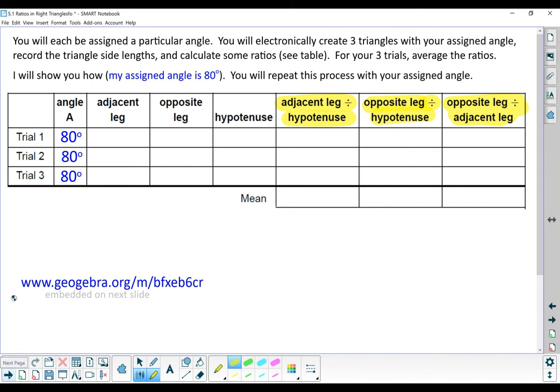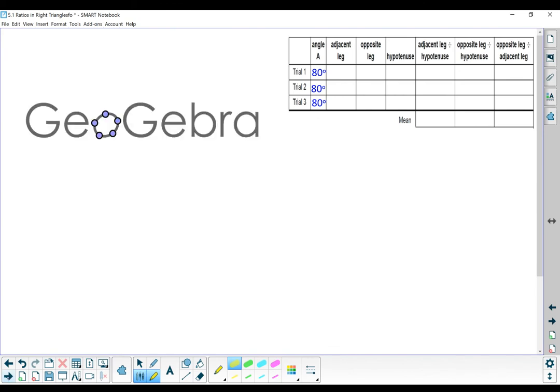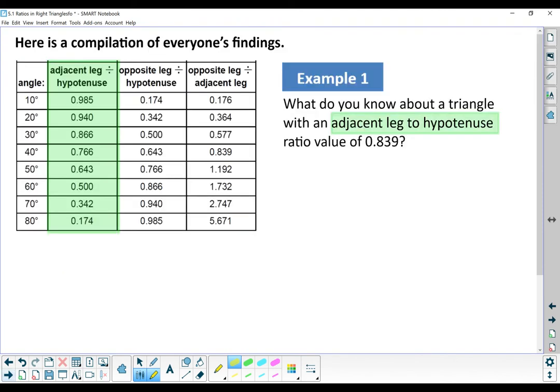So in class, we measured some triangles and wrote down some of those ratios and calculated them. And as we did that investigation, we generated this chart. So this chart has a bunch of ratios, and we investigated different angles, and everyone found some information for their assigned angle.